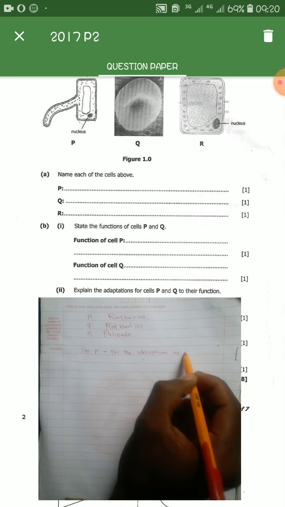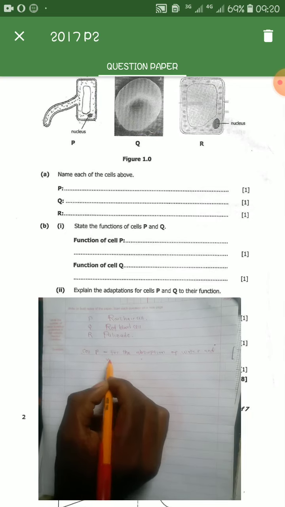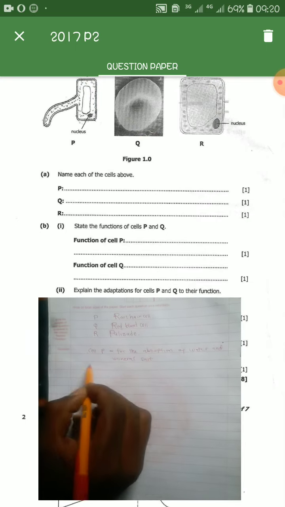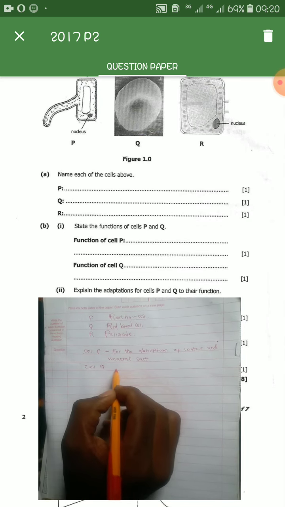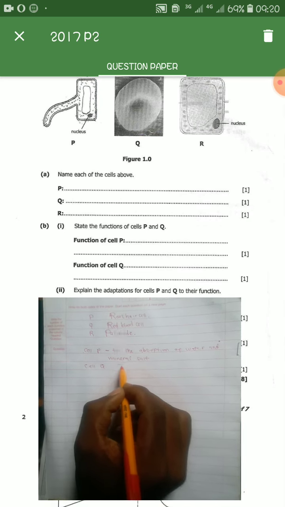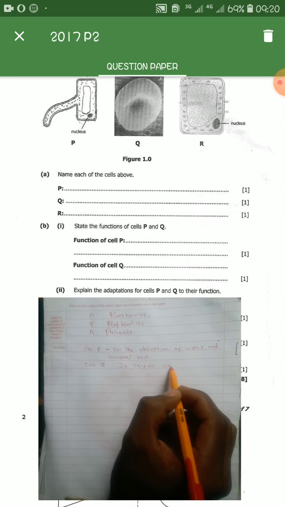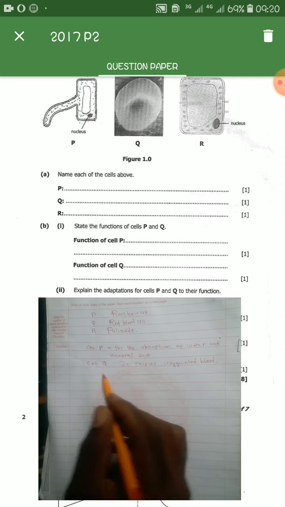Then cell Q, which is the red blood cell. What is its function? It carries oxygenated blood. That's the function, hemoglobin being responsible for carrying the oxygenated blood.